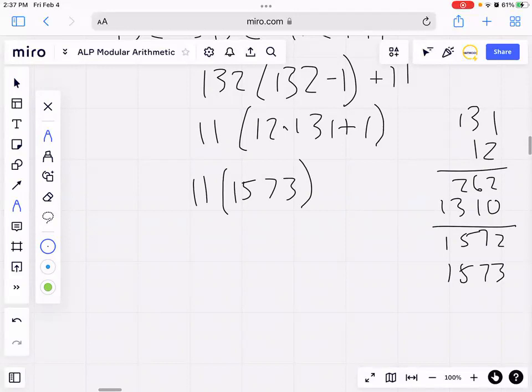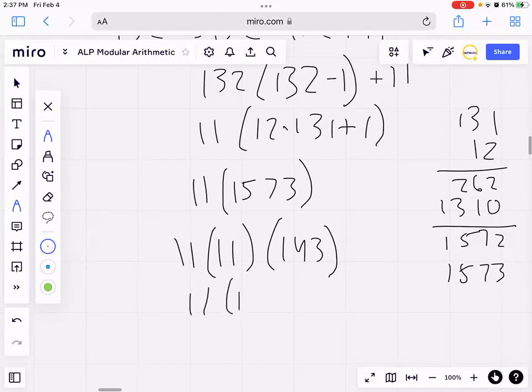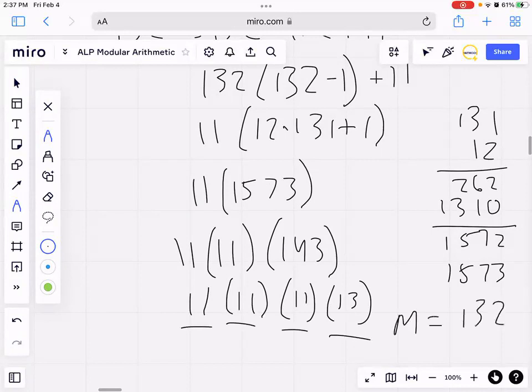So it means 1573 is divisible by 11, and this is equal to 11 times 11 times 143. Note that 143 is 11 times 13. So this is just 11 times 11 times 11 times 13, which is great because these are 4 not necessarily distinct primes, which means that m equals 132 is our final answer.